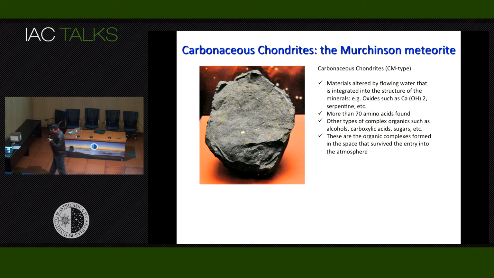So, considering the history of the Earth, the Earth formed with material with no water at all, because the temperature of the Earth was very high when collapsing.